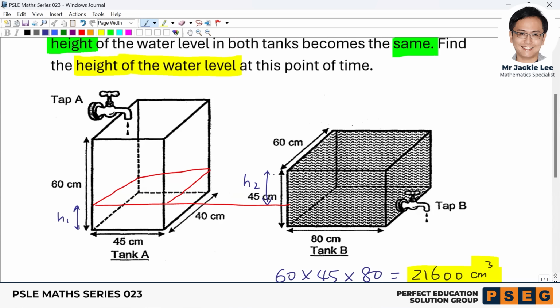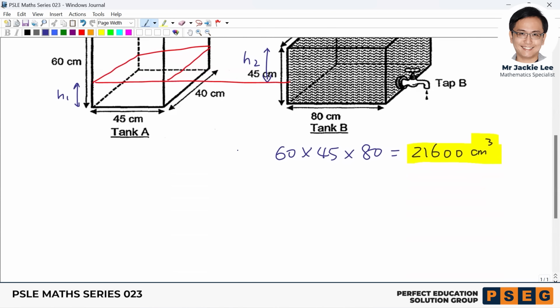So now we get the volume first. Let's say the time taken is T. For H1, 2.7 liters changed to 2,700 cm cube, times the time taken. This will become the volume. Then divided by 45 and 40. These two are 45 and 40. So this gives us H1.